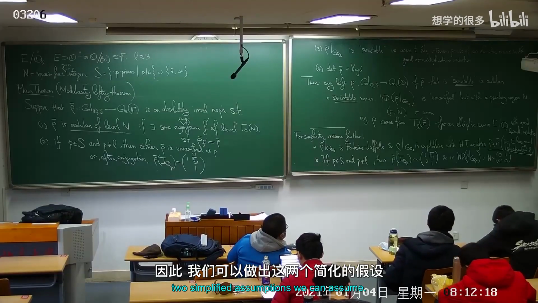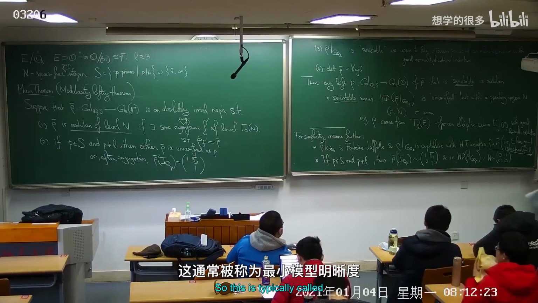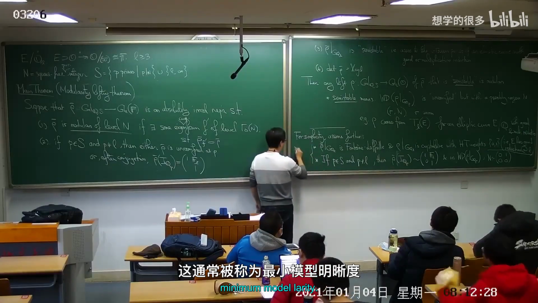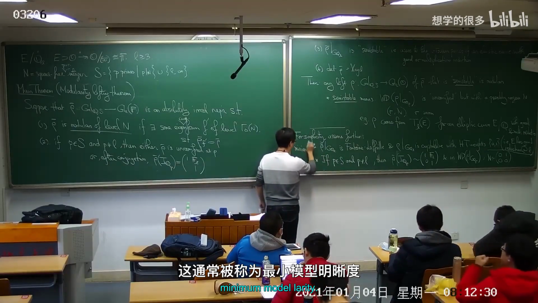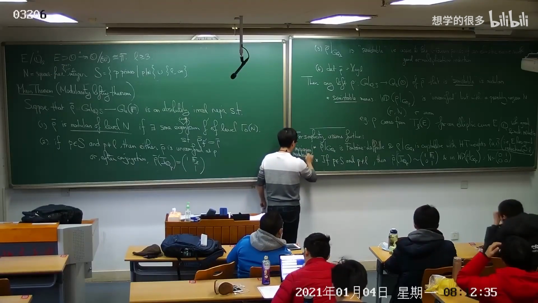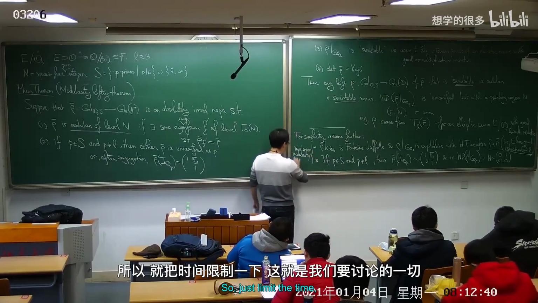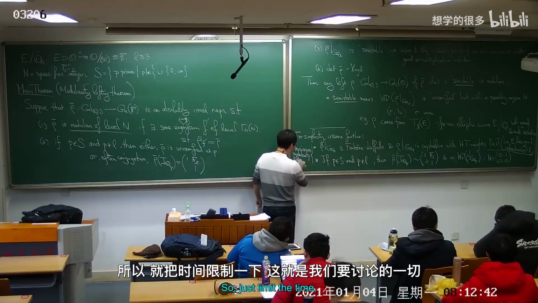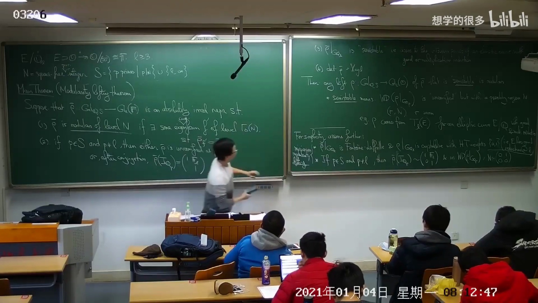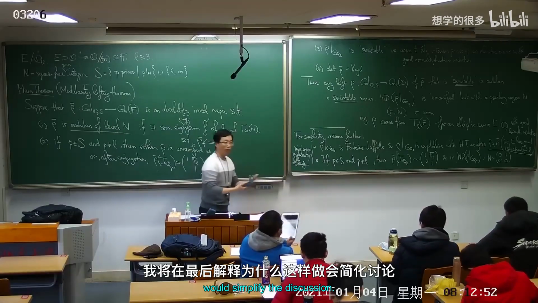Okay, so these are two simplified assumptions we're going to assume to give our proof. This is typically called minimal modularity. Due to limited time, that's all we're going to talk about, and I'll explain towards the end why such a thing will simplify the discussion.